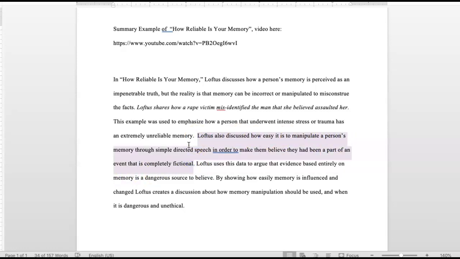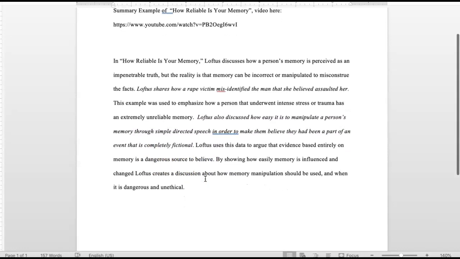The second big detail that they're pointing out here is that Loftus also discussed how easy it is to manipulate a person's memory through simple directed speech in order to make them believe they had been a part of an event that was completely fictional. So two big things. So you have the main idea here, and let me put this in bold.